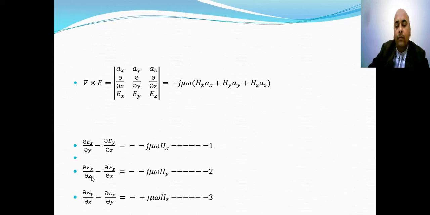Similarly, for ay we will have del upon del x of Ez minus del upon del z of Ex is equal to minus j mu omega into Hy, and similarly for equation 3.